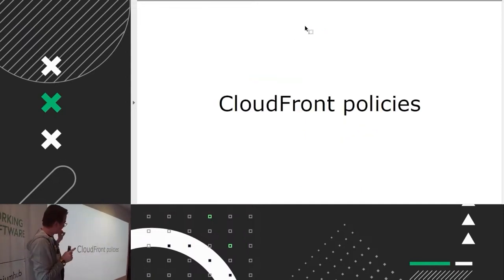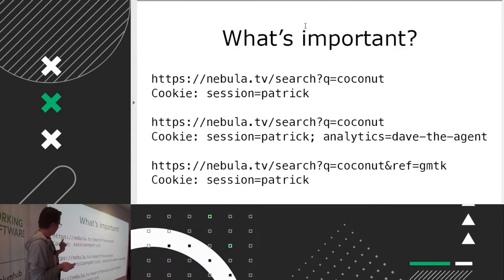So, CloudFront policies. Yeah, the Vary header is not that flexible. URLs can be very long, and the server might not care about every single part of the URL. So for example, we have these three requests, with different query parameters, with different cookies.